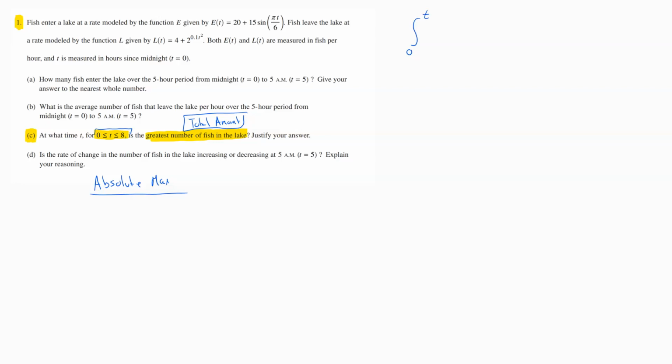And then what you would do is say, well, I've got a certain amount that are coming in. So I'm just going to do a little bit of notation here. We'd have the total amount entering, E, minus how many are leaving. And that's going to give us how many are in the lake at any given amount of time. And so that is our total amount equation. That's what we're trying to find the maximum of here.